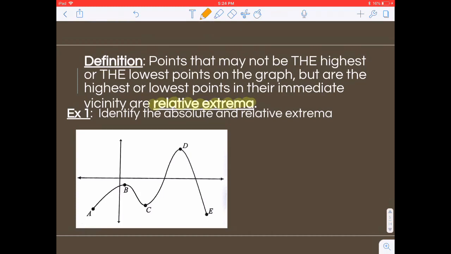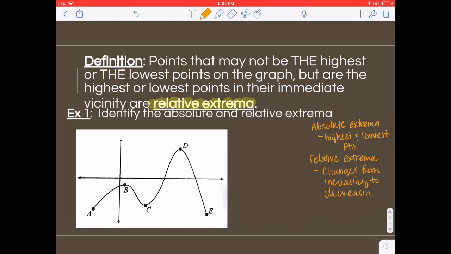Okay, so basically the absolute extrema, I'm going to write this over here, absolute extrema are the highest and lowest points, and the relative extrema are the ones where it changes from increasing to decreasing. Okay, so that's those.